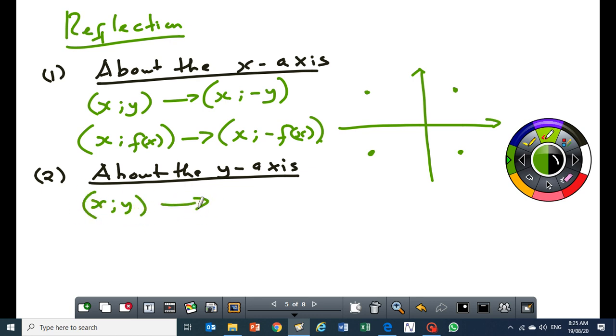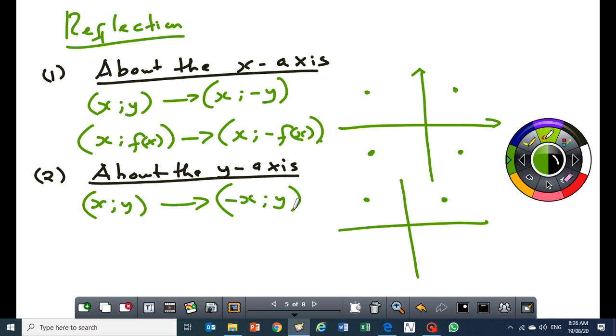You reflect it about the y-axis, which means you are going to end up having something like this. The point is here, you reflect about the y-axis, it will be there. Now what does this mean? It means the y value does not change, but the x value changes. So your new rule is going to be (-x, y).